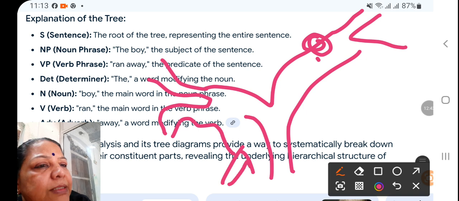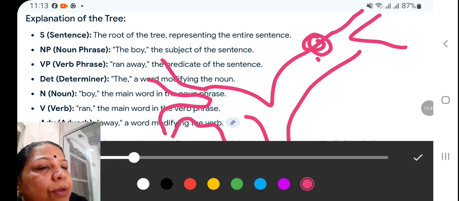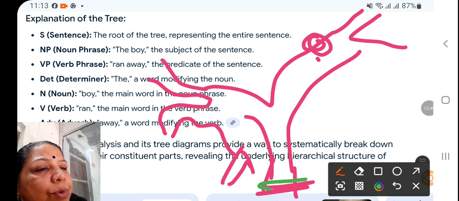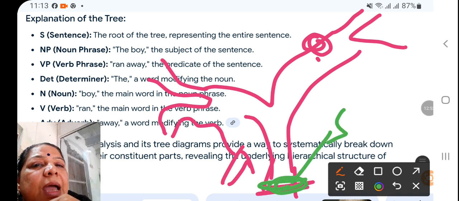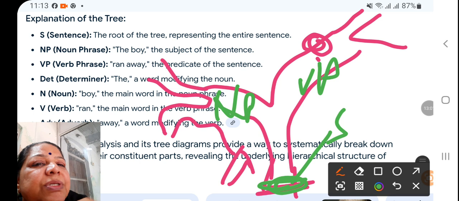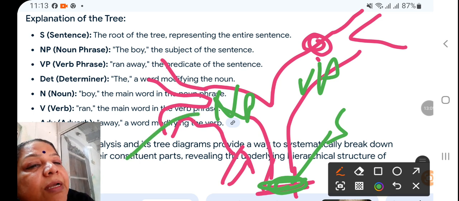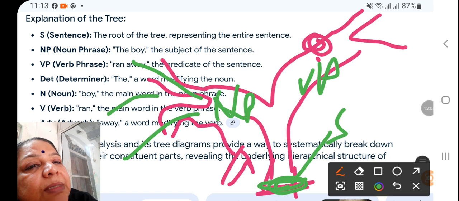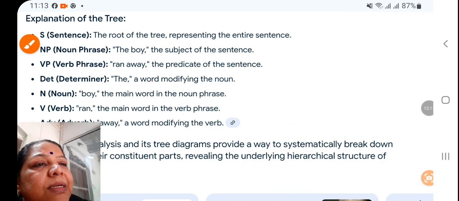So this is the root, the sentence. Then noun phrase and verb phrase are the two branches. The noun phrase is divided into different parts, and the verb phrase is divided into different parts. This way you can understand, right?